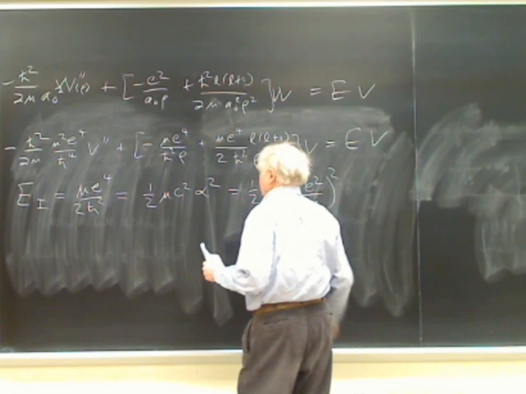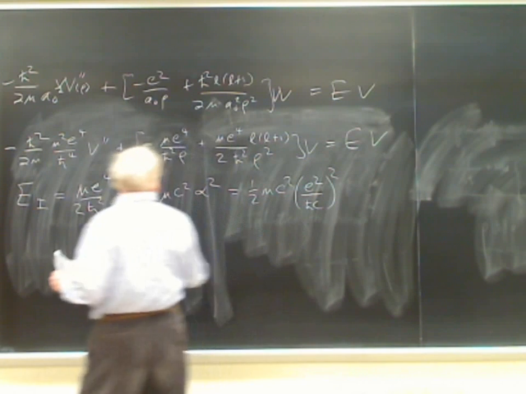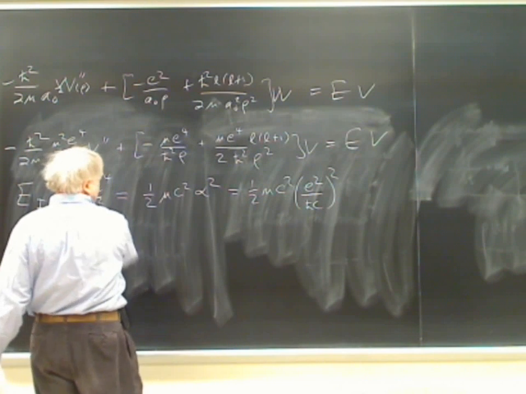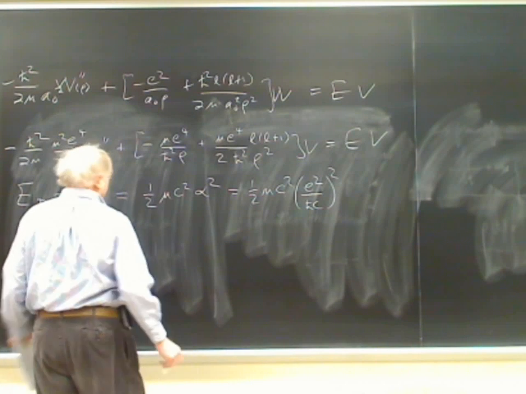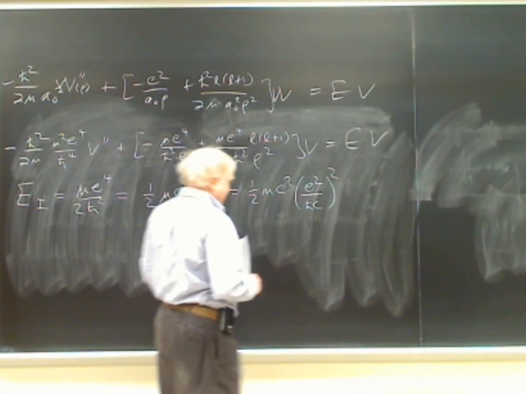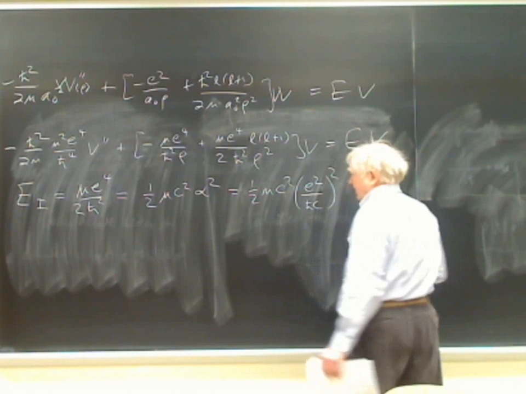And so then this is squared, and you can see the c's cancel, you get the h bar squared, and you get the e to the fourth.